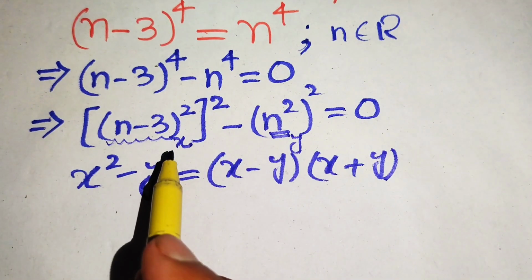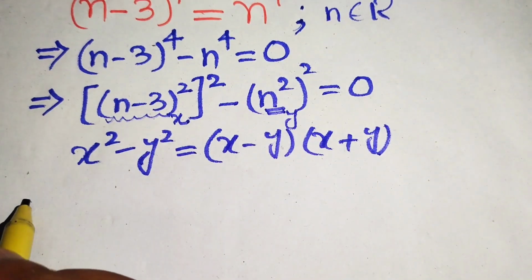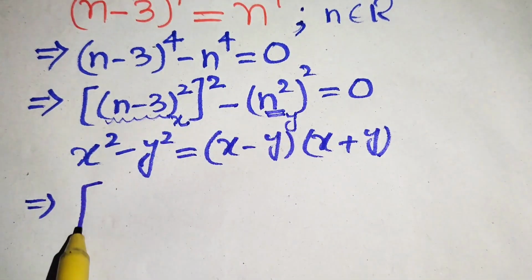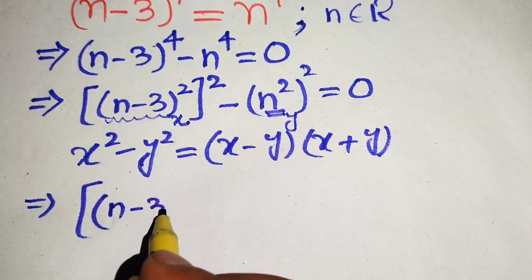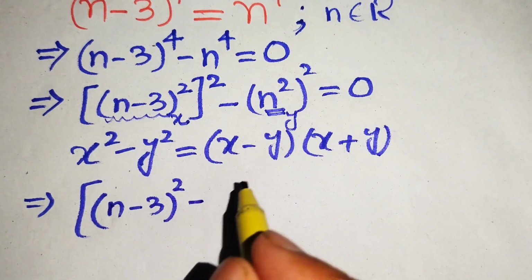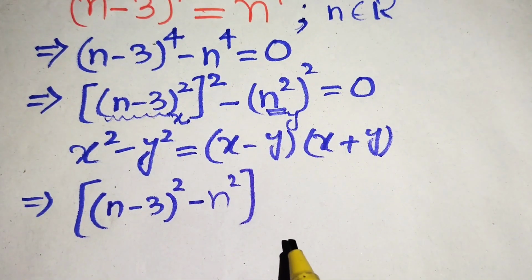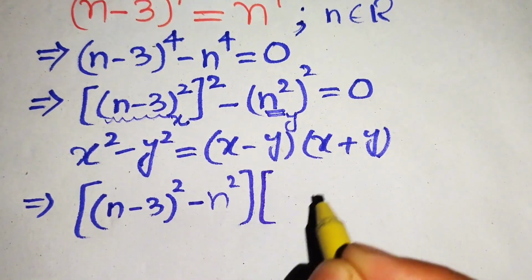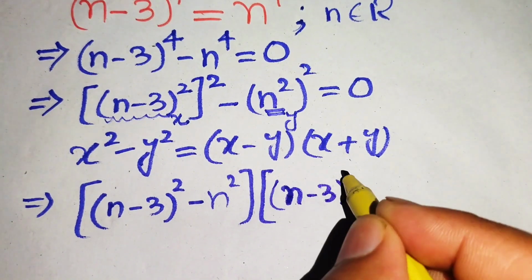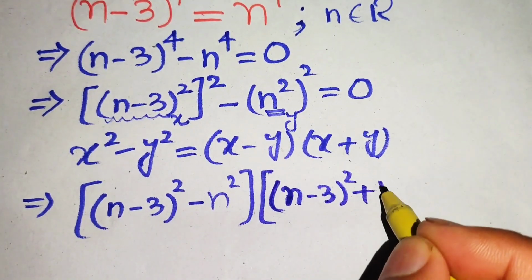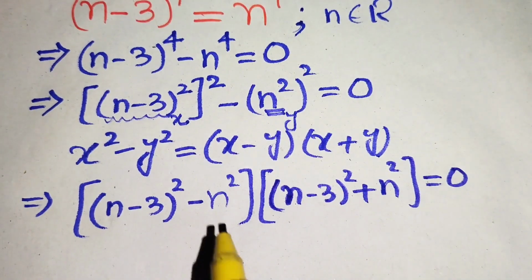So we use this formula and write it as x − y, where x is (n − 3)^2 and y is n^2, as the first factor, and then x + y, where x is (n − 3)^2 and y is n^2, and this whole equals 0.